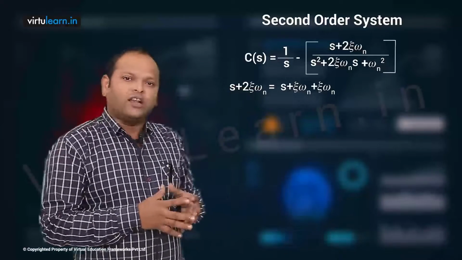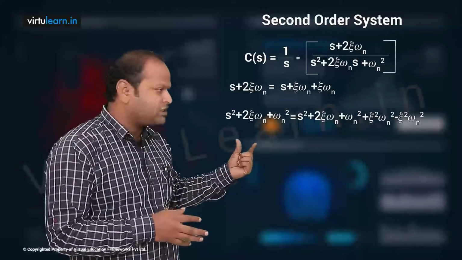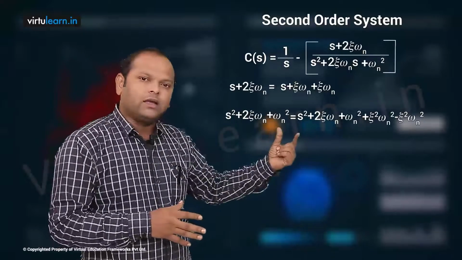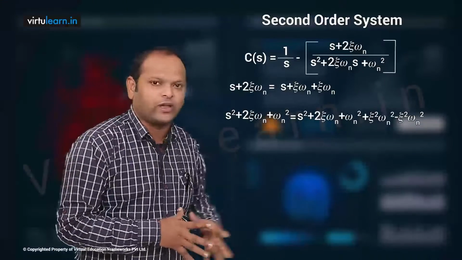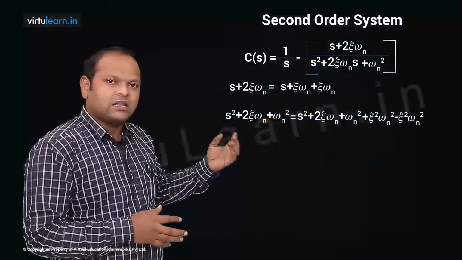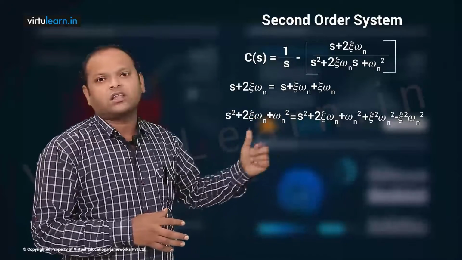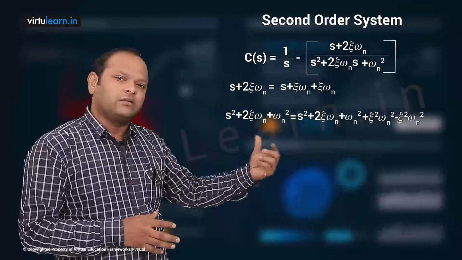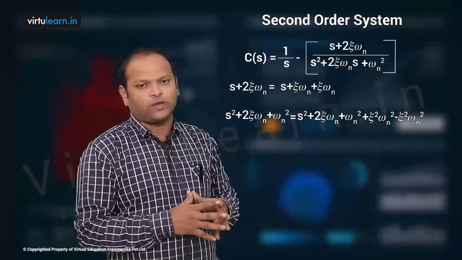Similarly, the denominator of the second term, we have s square plus 2 zeta omega n s plus omega n square. For this I am going to add zeta square omega n square and also subtract zeta square omega n square. If you do that, then I can rewrite this as s plus zeta omega n whole square plus the remaining terms: minus zeta square omega n square, and previously we already have omega n square.